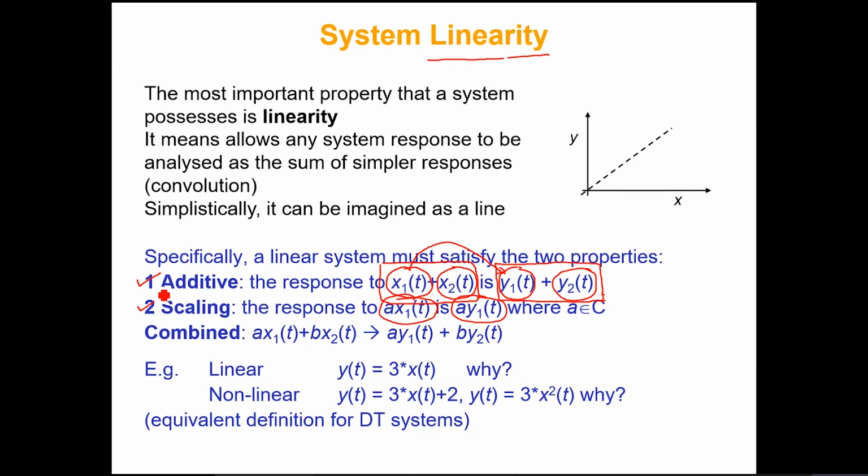So the property of linearity has two parts, the additive part and the scaling part, and these two combined give us the linearity property. A scaled version of x1 added to a scaled version of x2, if given as an input, gives a scaled version of y1 and a scaled version of y2. This is the mathematical representation of a linear system, or the property of linearity.